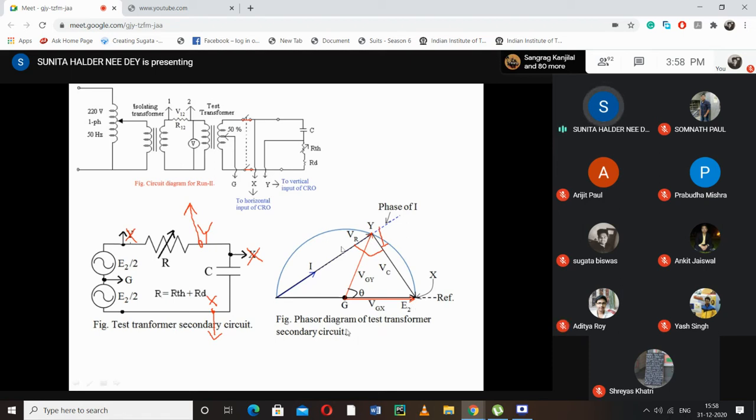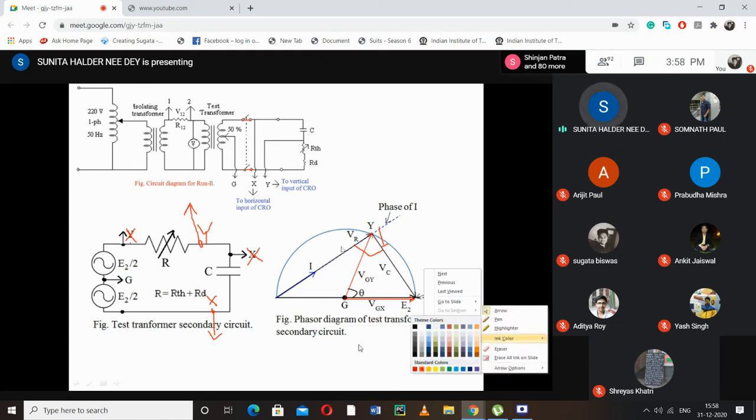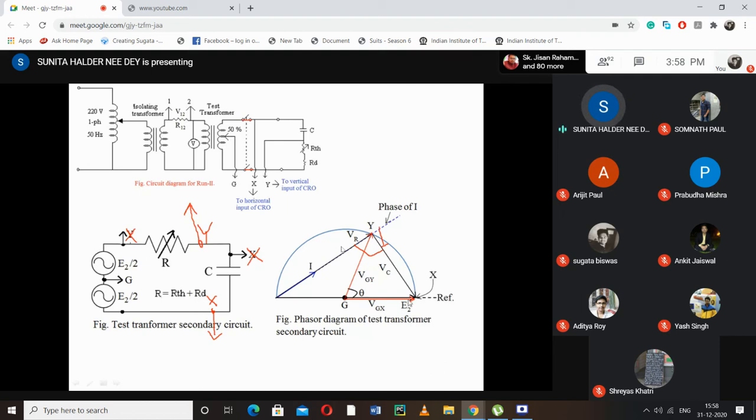Okay. Then actually we are measuring this angle theta. So by varying R, if we change the R, what will happen? If we make the R infinity, then VR will increase and VR will be almost equal to E2 in that case.